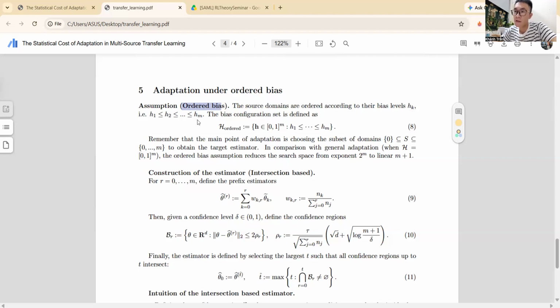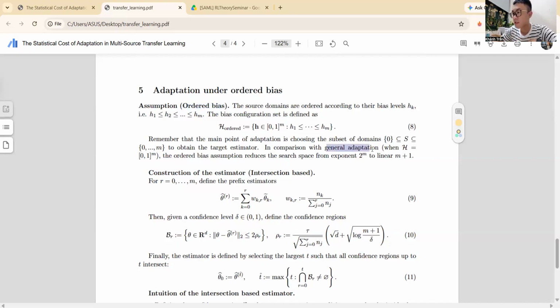So we know that the first source domain is the closest to the target domain, and the M domain is the furthest from the target domain. So with the ordered bias, it reduces the searching space.